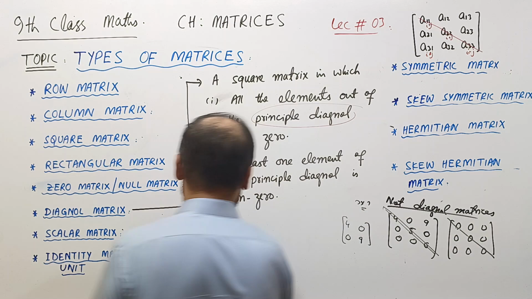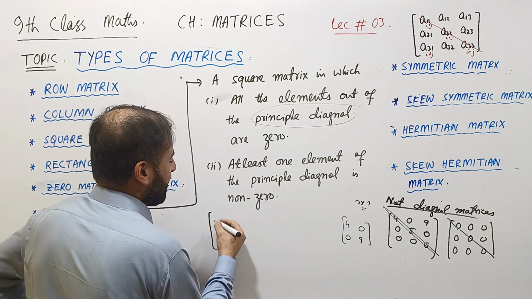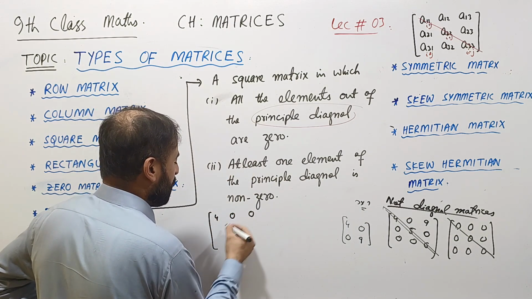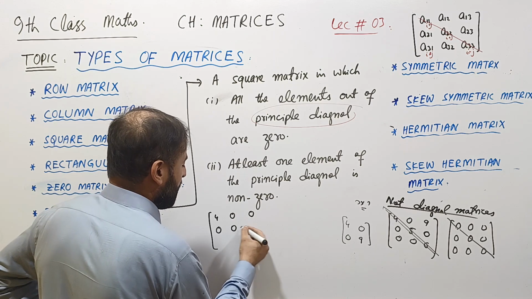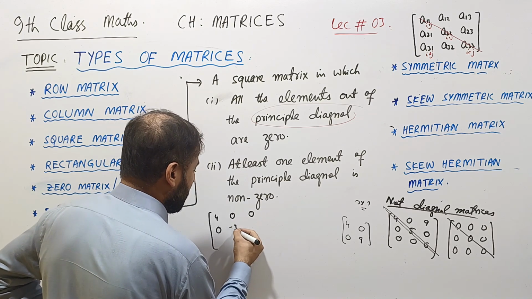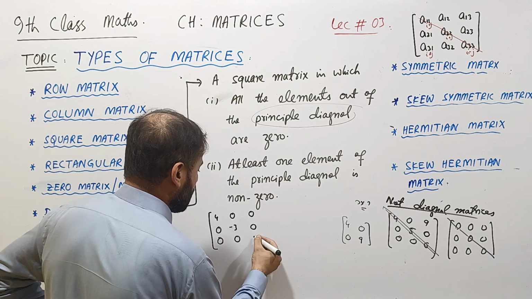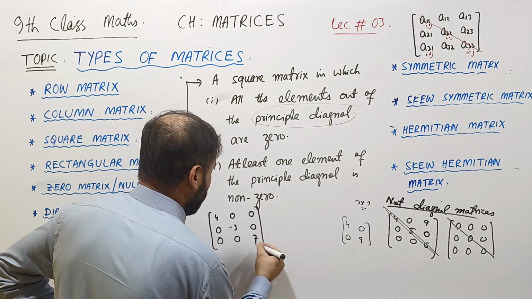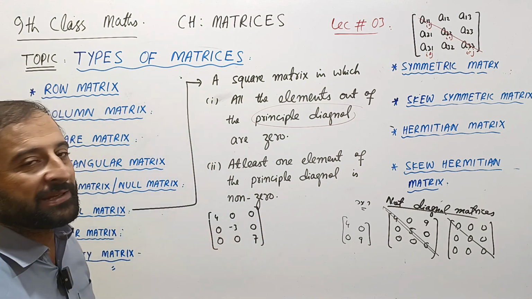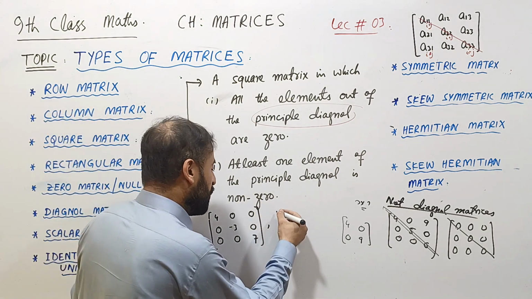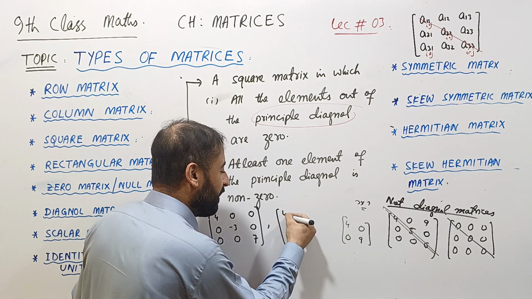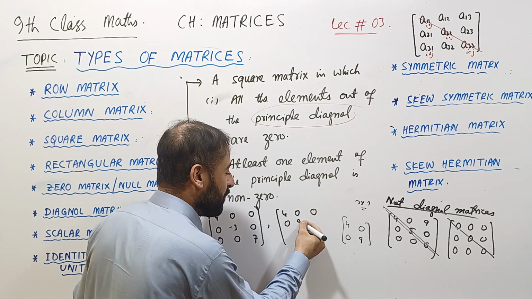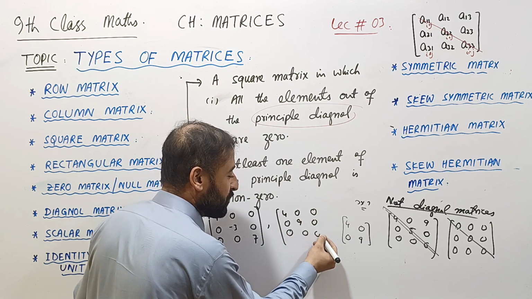These are examples of diagonal matrices, students: 4, 0, 0, 0, 0, 0, minus 3, 0, 0, 0, 7. Here, luckily, all the elements of the principal diagonal are non-zero. You could have this situation: 4, 0, 0, 0, 9, 0, 0, 0, 0.